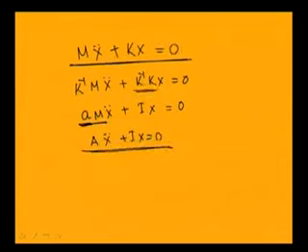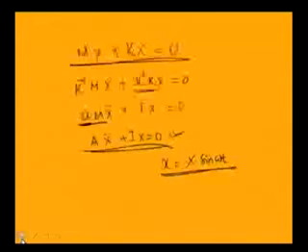So, in this case also we can substitute x equal to X sin omega t. By substituting this in the equation, x double dot becomes minus omega square x.